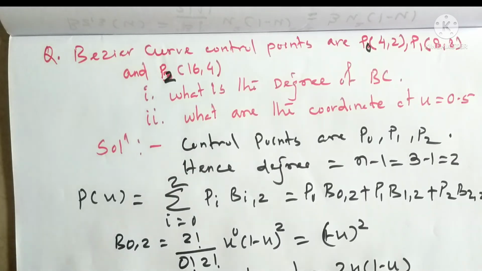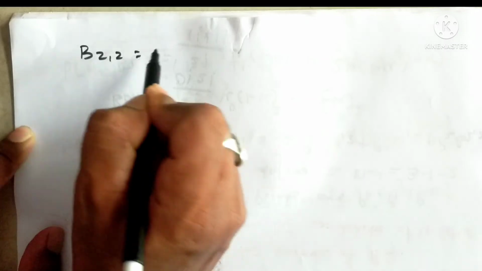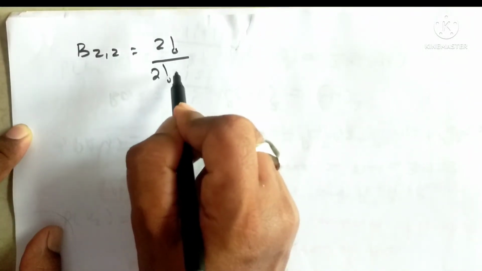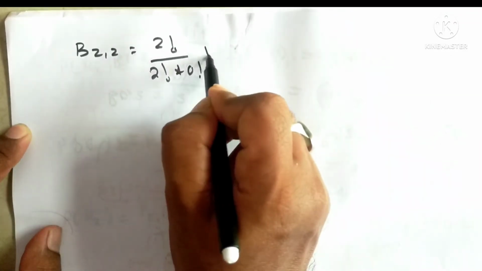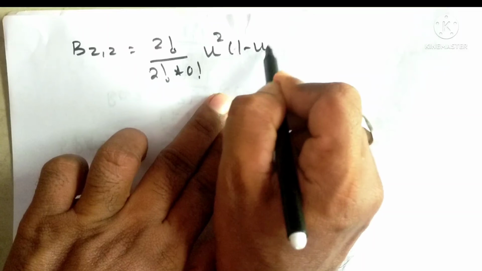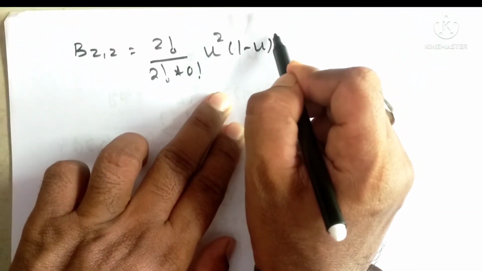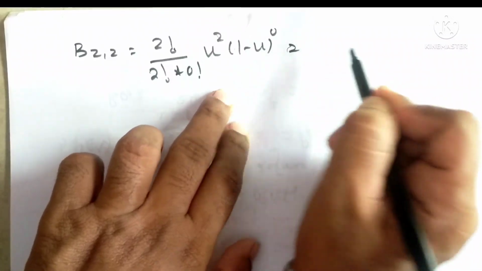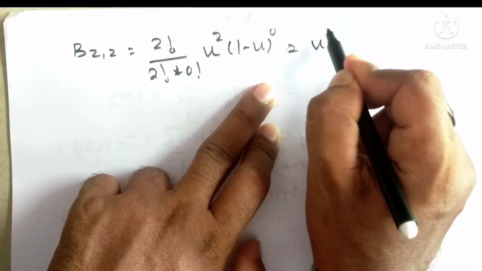Let's go for B2,2. The value of B2,2 is 2 factorial divided by 2 factorial into 0 factorial, u to the power 2, into (1 minus u) to the power 2 minus 2, that is 0. The 2 gets cancelled, so I got the value u to the power 2.